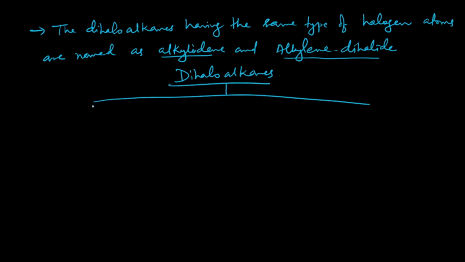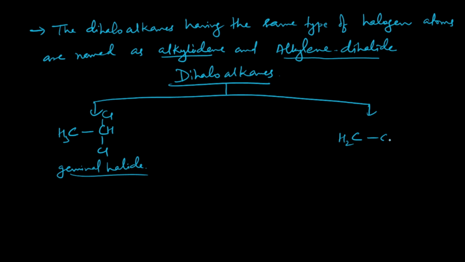Let me classify with the two. First will be this type of compound, CH3 single bond CH, and both chlorines are attached over the same carbon. So we call it geminal halide. Geminal means if both halogens come out from the same carbon. If with two different carbons, here one halogen and here another halogen, we call it vicinal halide.